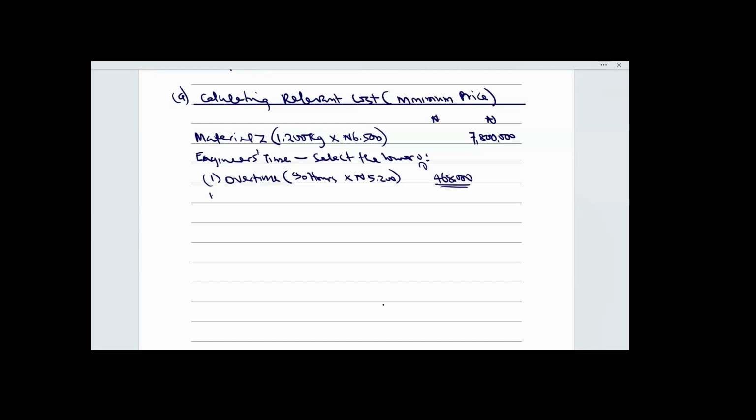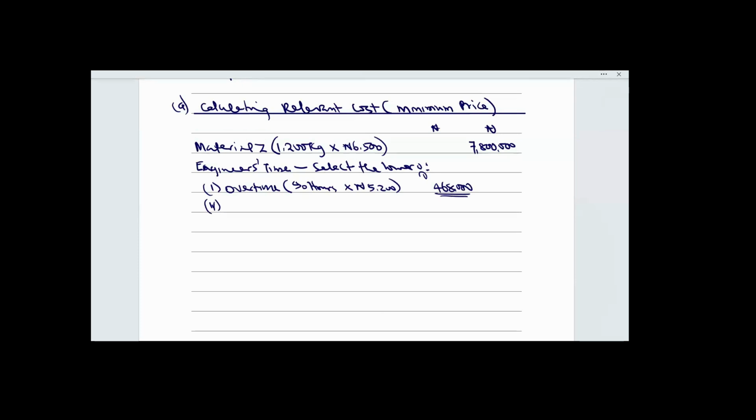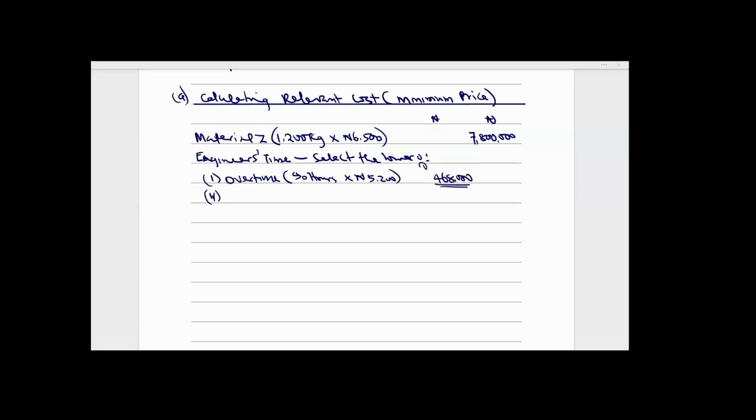The second option is to reduce the engineer's time on product Y. If this happens, there will be loss of contribution. What do I mean by contribution? You are given the information for 1 unit of product Y. Sales value of product Y is 486,000.